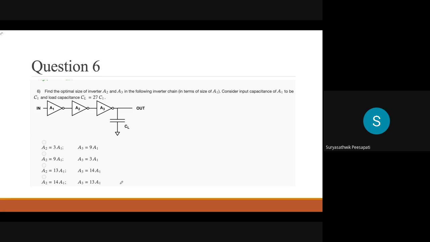Ma'am, A2 is equal to... Okay. Yes, which option is the right option? First option. Okay, let's wait for others also. Please try it, then I will solve it here.